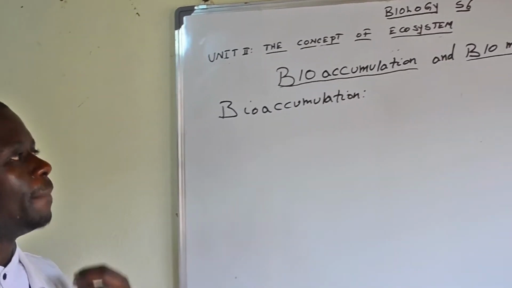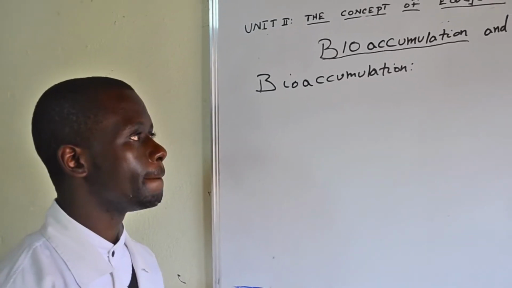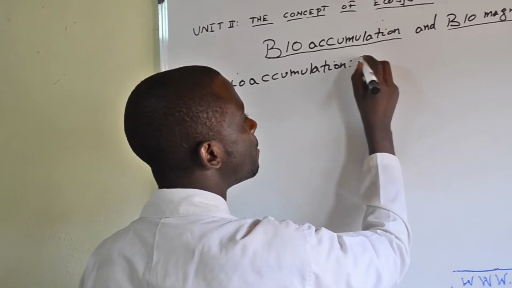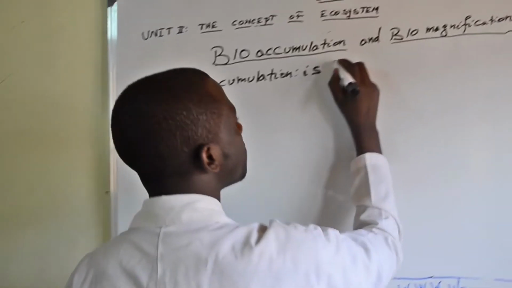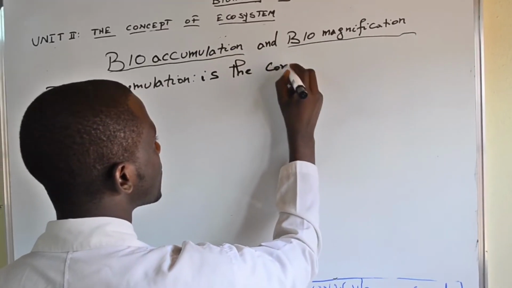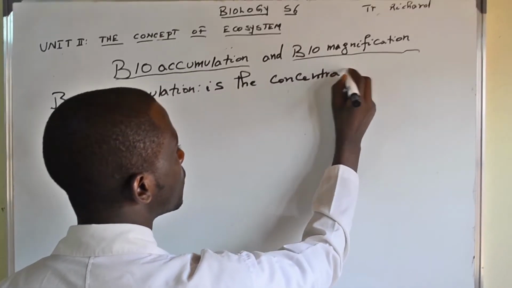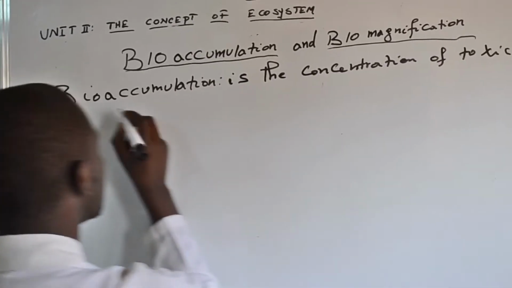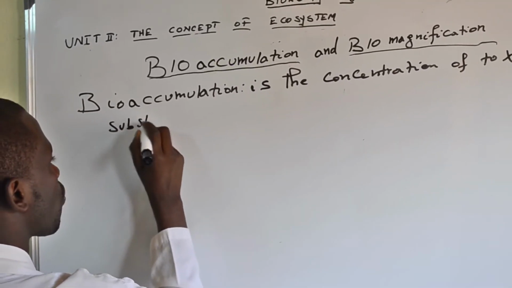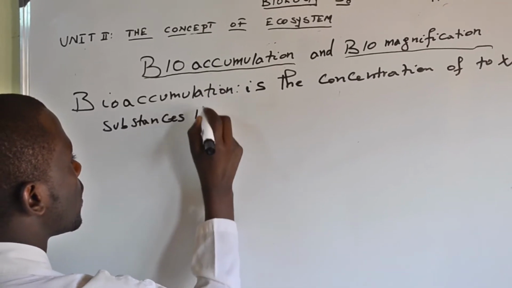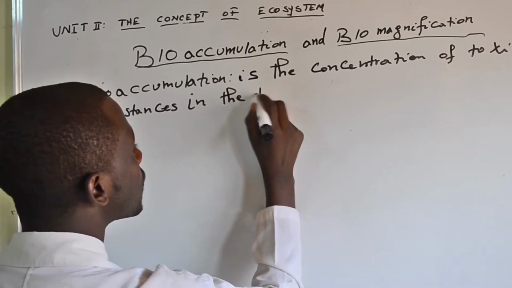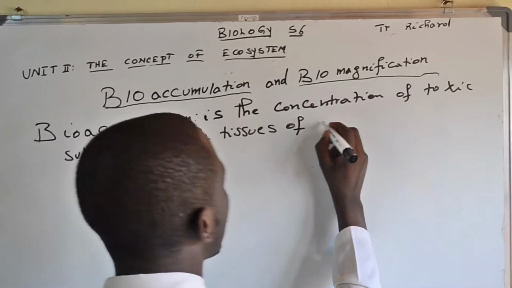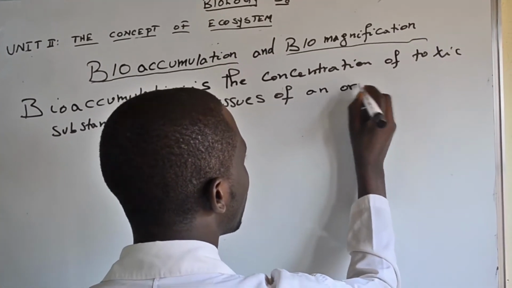Dear students, what's bioaccumulation? Bioaccumulation is the concentration of toxic substances in the tissues of an organism, let's say an animal.